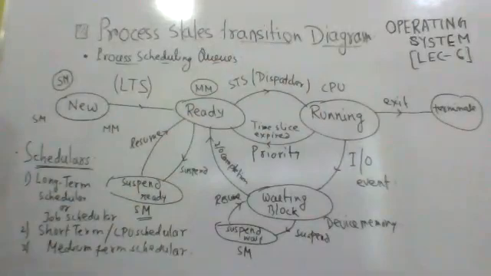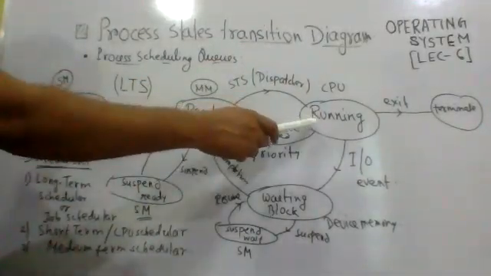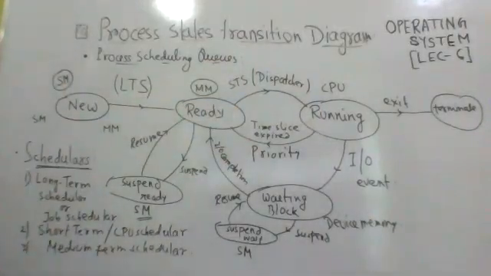So this is the short-term scheduler, from the ready queue to the running state, right? A ready-state process would be picked and then the CPU would be allocated to that process. This task is done by the short-term scheduler.